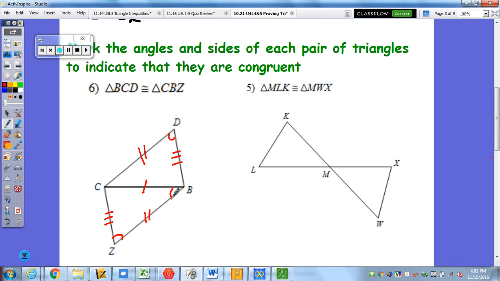So this angle right here is going to be congruent to this angle right here. And then we can just fill in the last part. But you really have to rely on this statement right here to be able to fill this out properly.